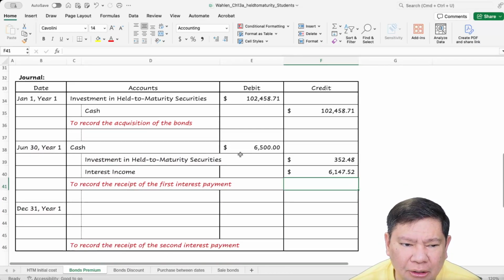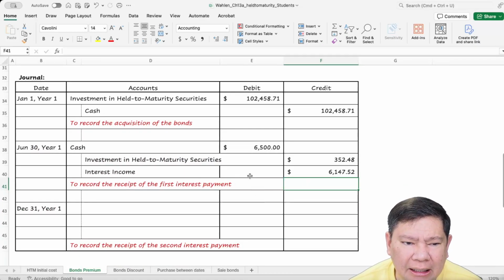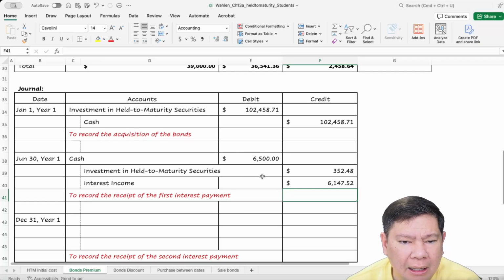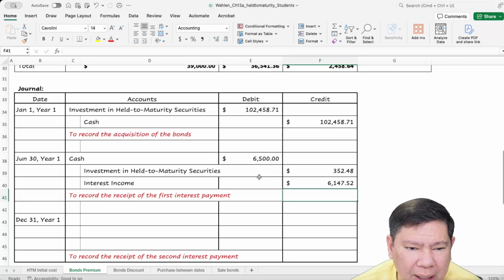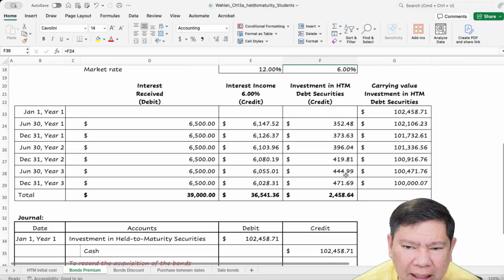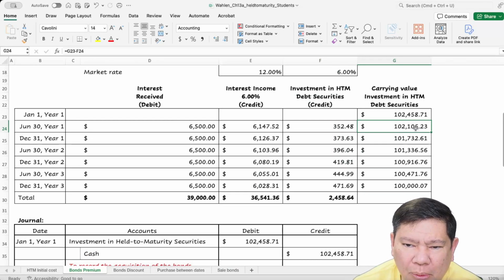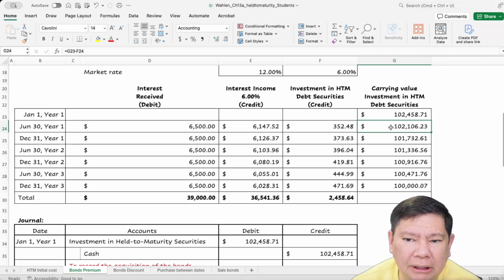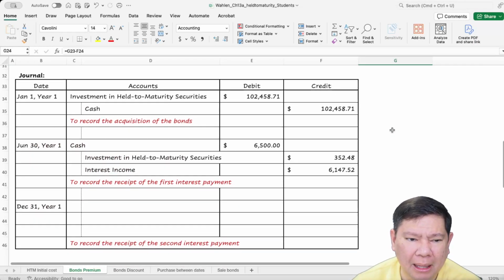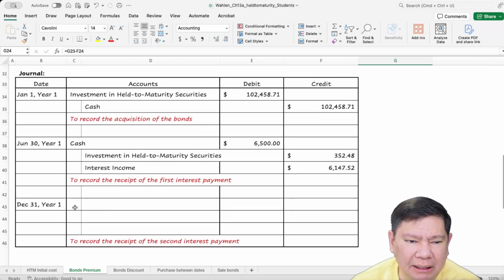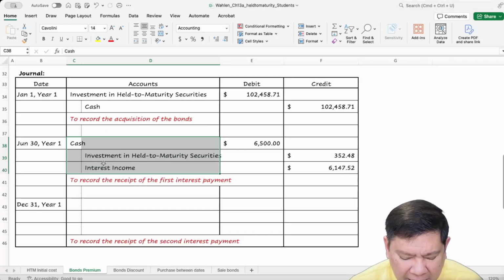Okay, so that's how we record the first interest payment, and you see that our investment goes down by 352.48, so it would be reported at 102,106.23.